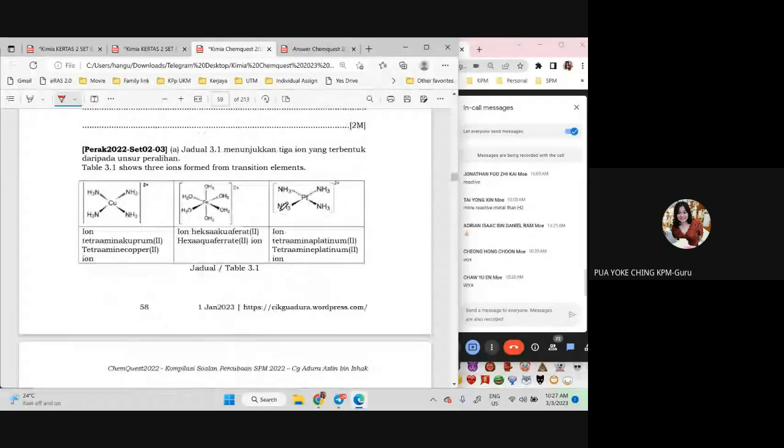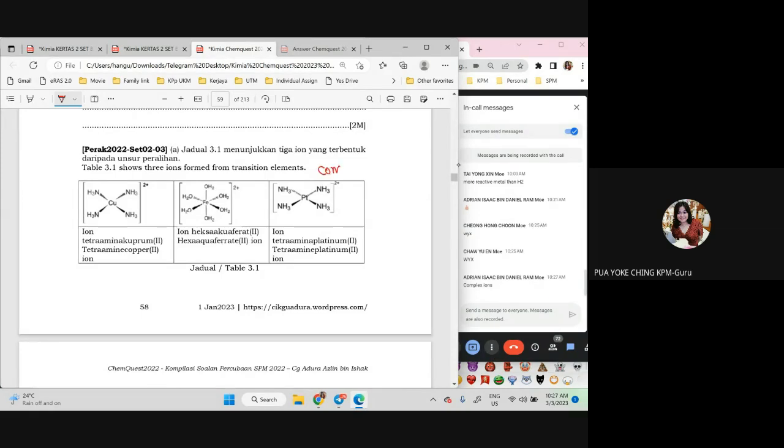Okay, so done chapter 4. When you see this, tetraamminecopper(II) ion, hexaaquaferrate(II) ions, this is your complex ion.